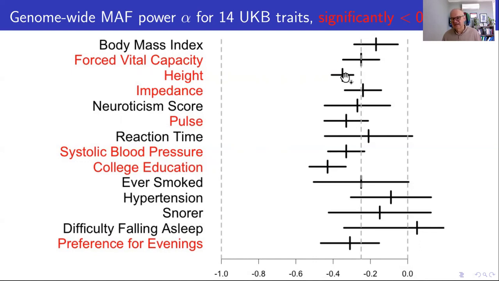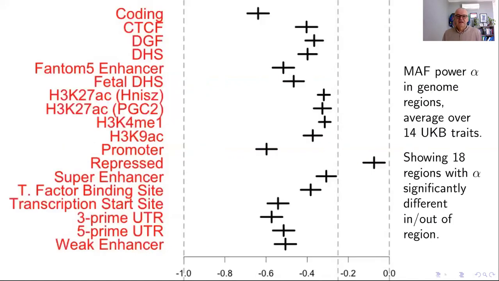Also, height selected against, which seems a little bit surprising, but I have to say, the selection story is complicated, and I'm not really making any strong claims about the selection that's being imposed here. The striking thing is that overall there is evidence in the MAF effect size distribution for weak negative selection affecting most traits.